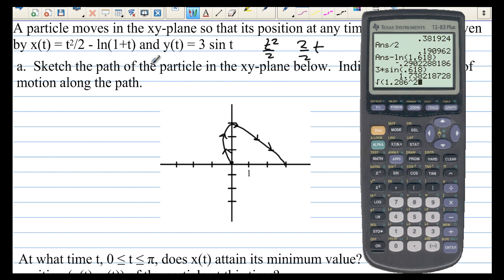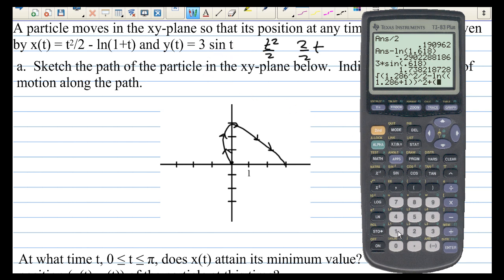1.286 squared, I'm plugging it into this function right here, divided by 2, minus the natural log of 1.286 plus 1, and I need to square that. There's x of t squared, and then plus y of t squared.